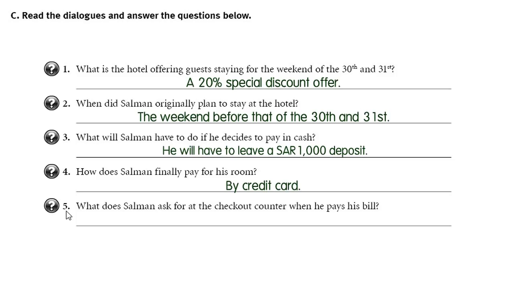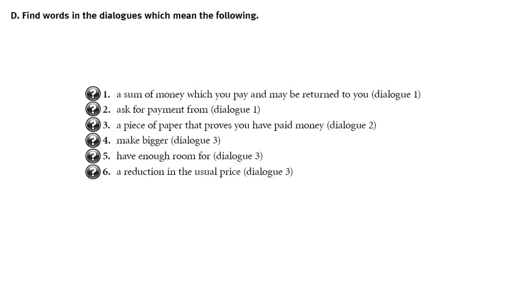Number 5. What does Salman ask for at the checkout counter when he pays his bill? Two copies of the receipt.